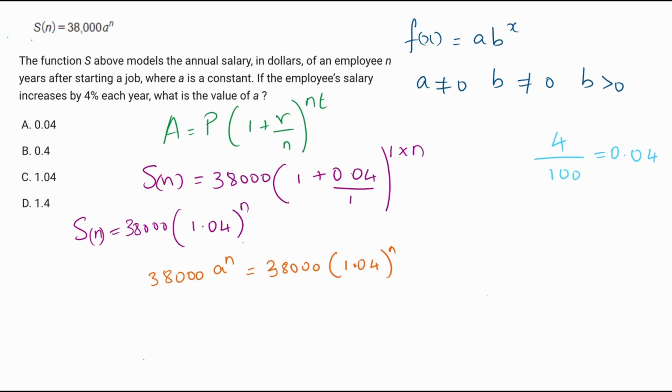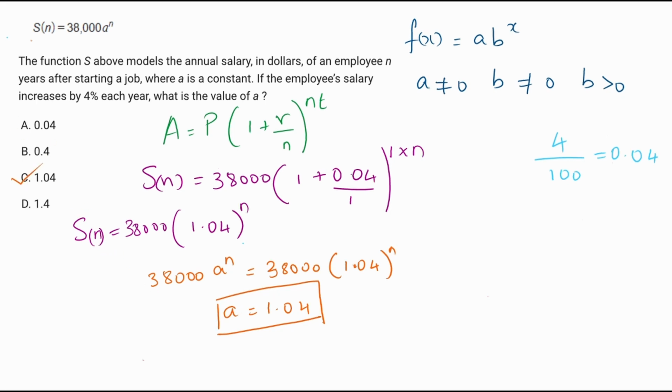I'm not going to take the long route of dividing both sides by 38,000 and taking the nth root. I'm just going to simply equate my a value to 1.04, since both the equations are similar. So let's see our options. Option C is my correct answer.